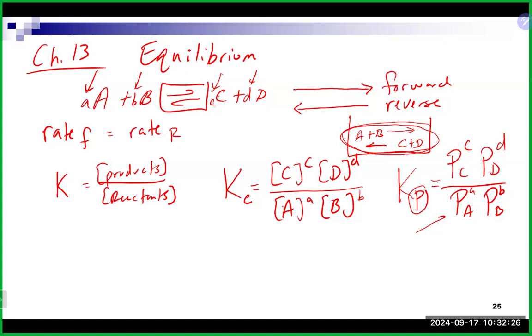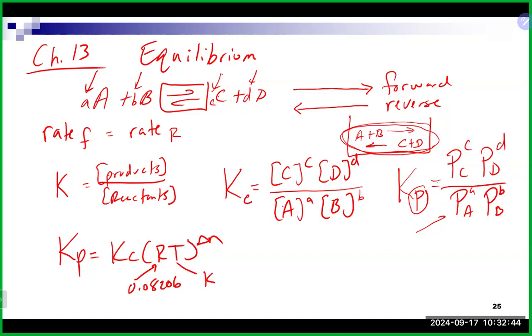There's a relationship that we talked about going between these two things. The Kp value will equal Kc times RT to the delta n. R is the gas constant, the one that's used in the ideal gas law, not the one that's energy. T is temperature in Kelvin.